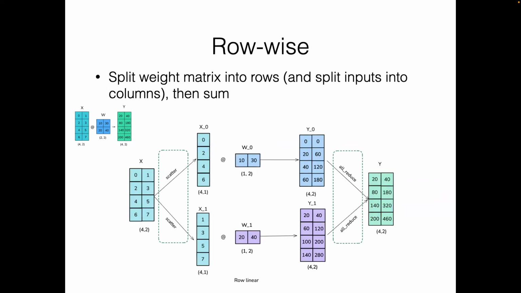You could also reason that it's sensible to split up the rows. So here we have one device doing this row, this one doing this one, and then the computation at the end changes. It turns out that now we basically want to sum things together.